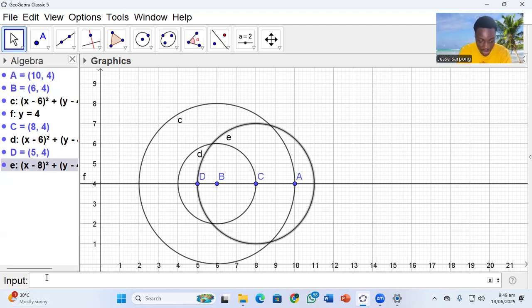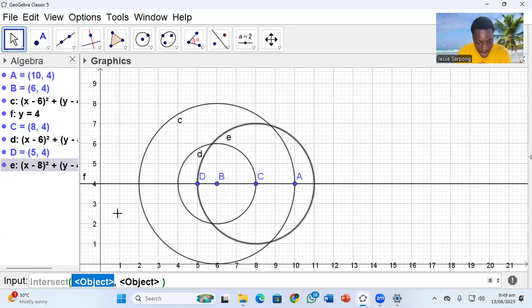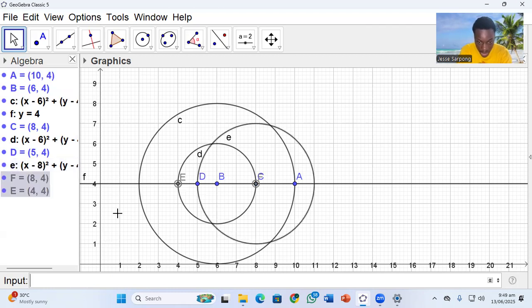And what we'll do is look for the intersection of the line F and the circle D. Now we've done it. So we have this point E here.